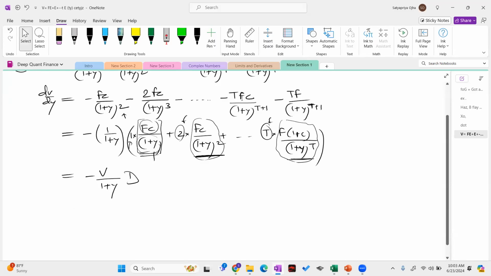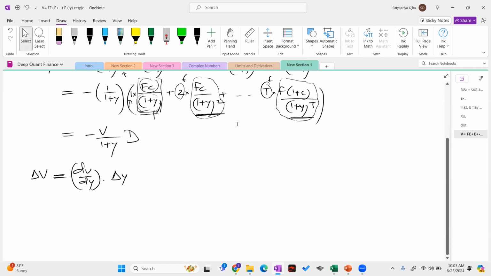Okay. Now I write the Taylor series expansion. Delta V is the first order derivative times the change in yield. Please do justice to D and delta when you write this expression. Okay. That is important. There is no second order. I have said specifically in the question to approximate till the first order. So this is the first order approximation.